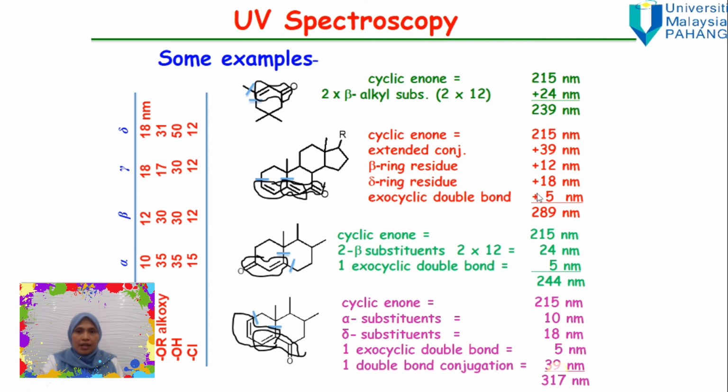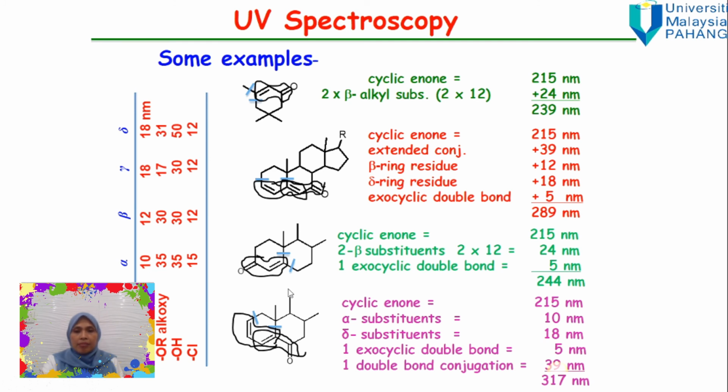So they have different values. For isocyclic, you have to check. Close the hand for this ring and see the double bond outside the ring. And this is one isocyclic. And for this ring, is there any double bond outside the ring? No. So only one isocyclic double bond is considered in this structure. So the total is 289 for all these values.